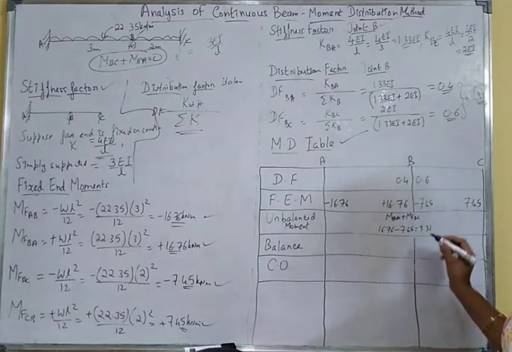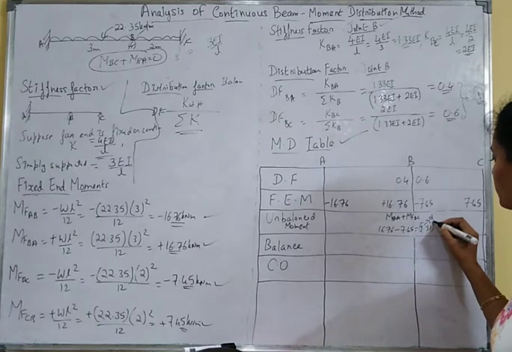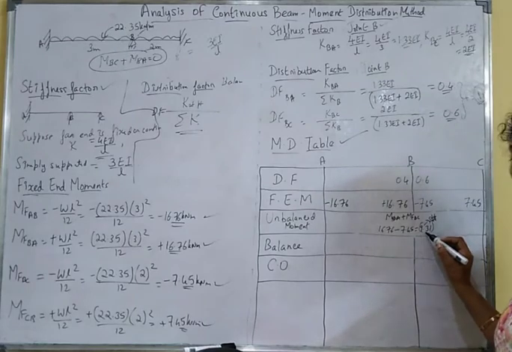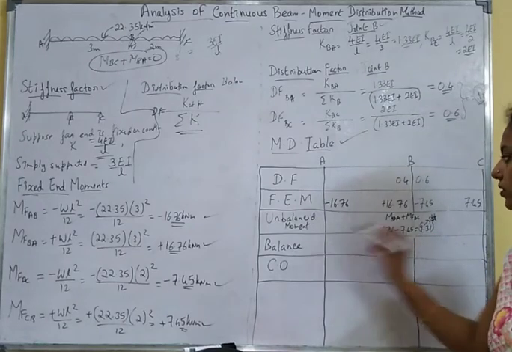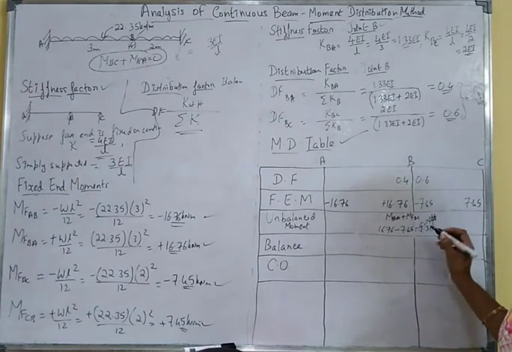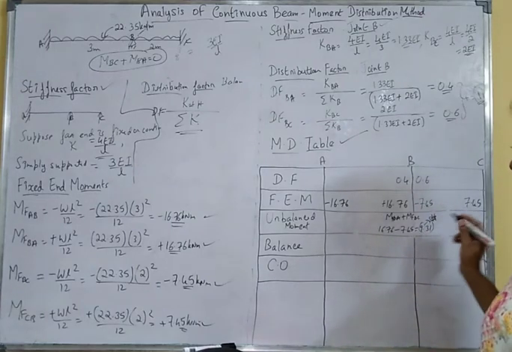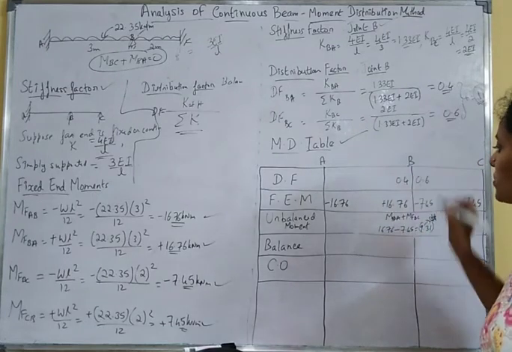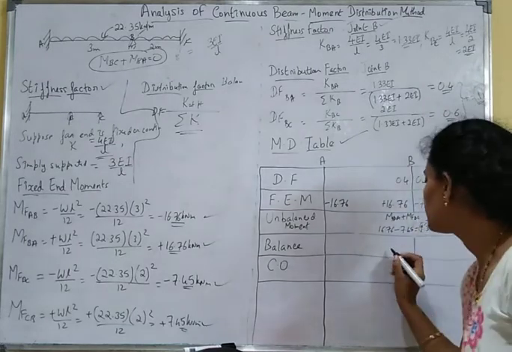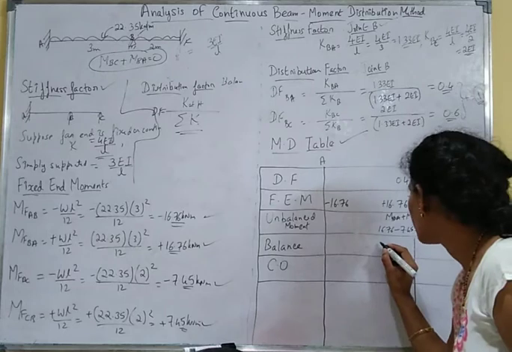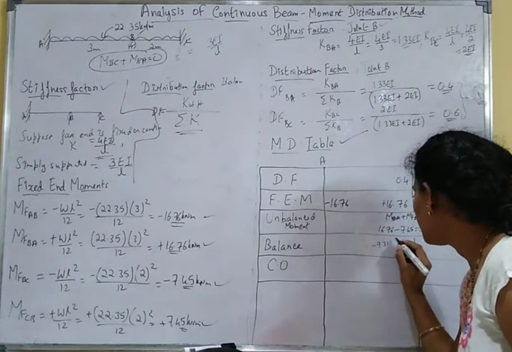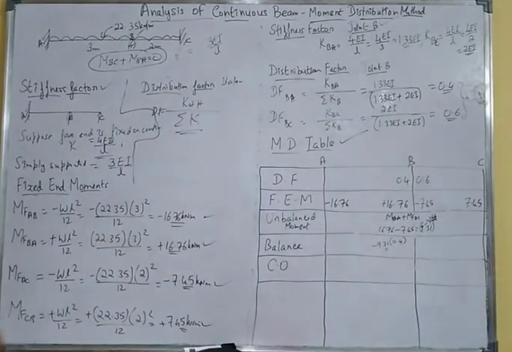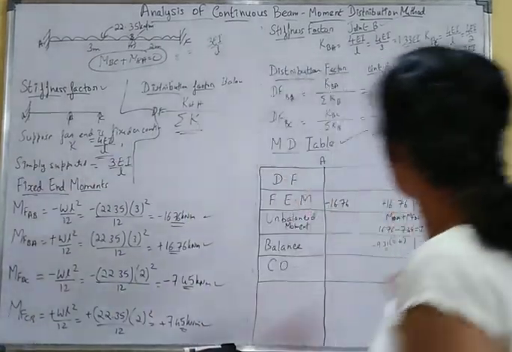For balancing, you have to consider the opposite sign of this value. If you get positive over here, you have to consider negative multiplied by the distribution factor; otherwise, you consider plus of that value. We got the unbalanced moment as 9.31. So at joint BA, the balance is minus 9.31 into 0.4, which is minus 3.72.